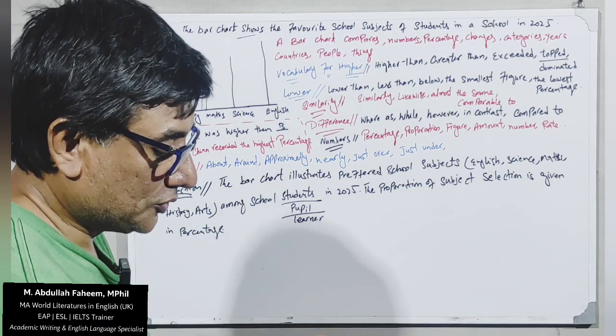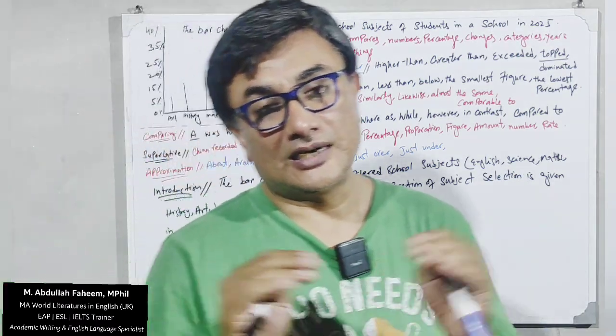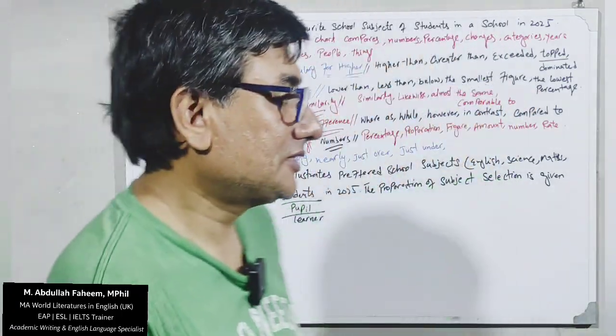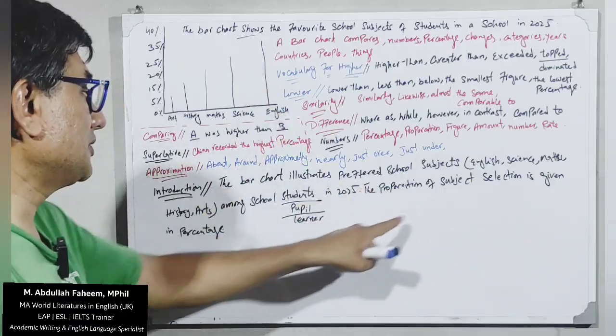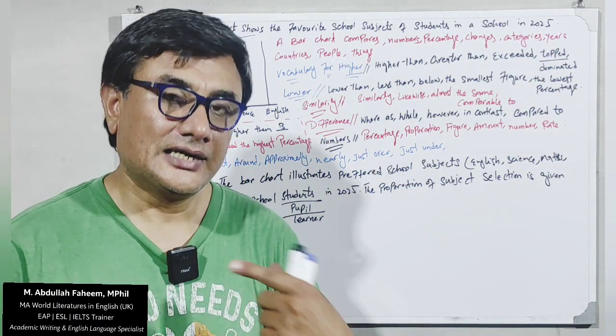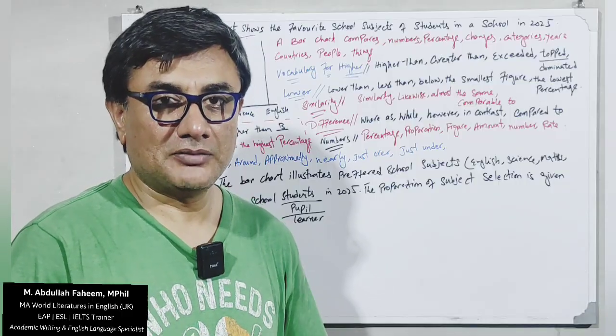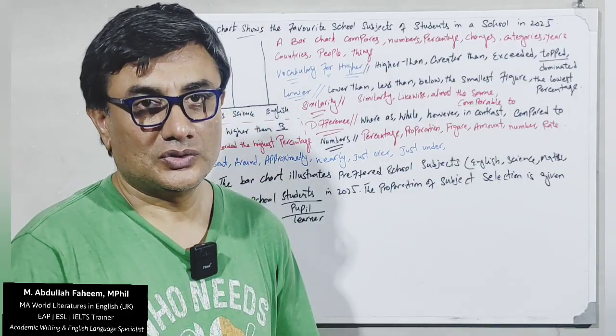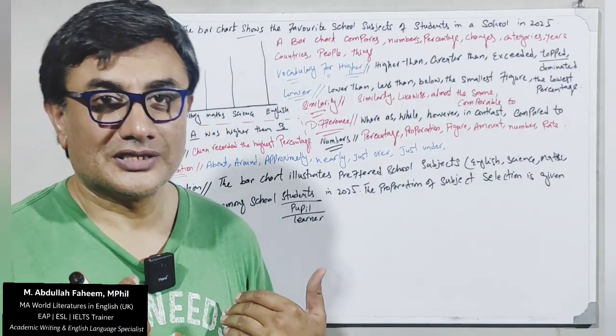This means the proportion, the balance, तनासुब जिसे कहते हैं, the equality of something has been given in percentage. जो भी उनका proportion है वो percentage में दिया गया है. So this is our introduction. You can write it another way by changing a little bit of words or sentences, but it's up to you how you want to write it.